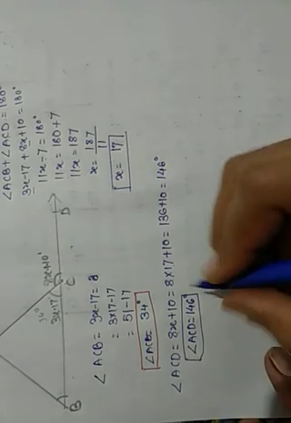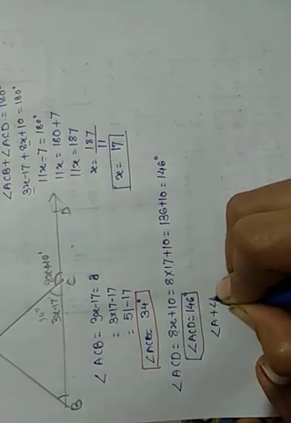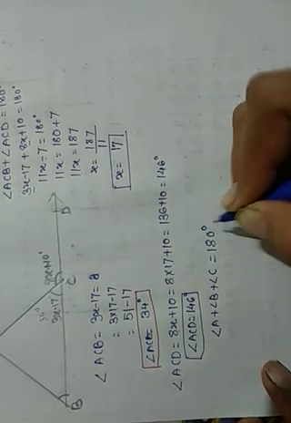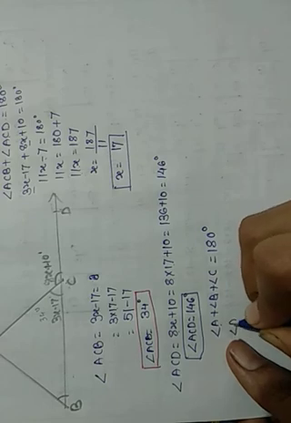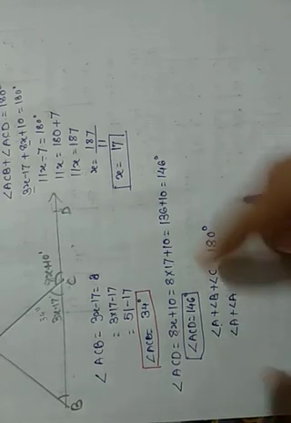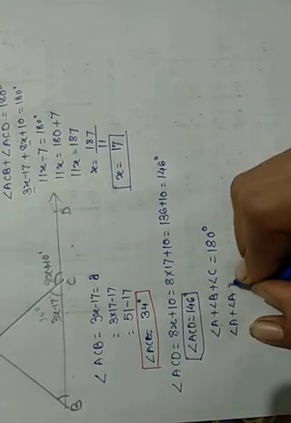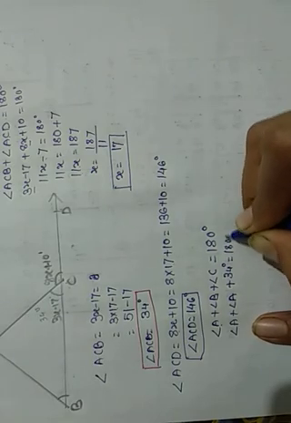Angle A plus angle B plus angle C is equal to 180 degrees. Put your values. Angle A and B both are equal because this is an isosceles triangle. So I write here instead of angle B, angle A, and the value of angle C is 34 degrees. So here is 180 degrees.